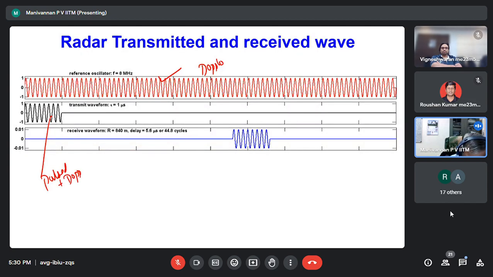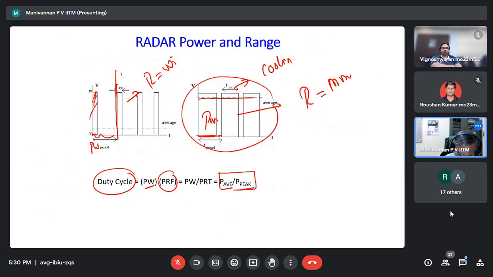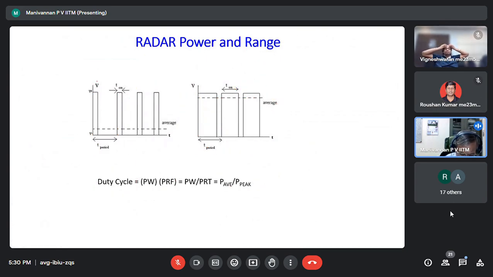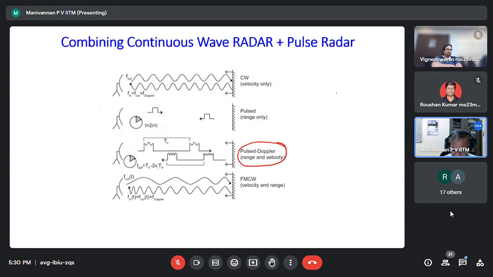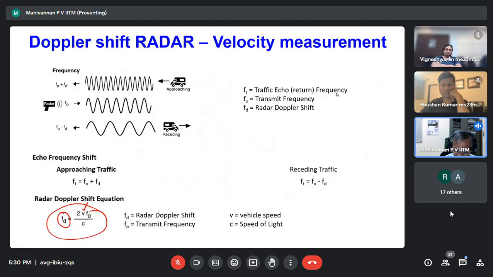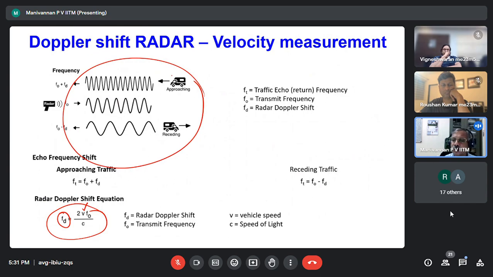Actual pulse radar was initially developed sending square pulses only, like this. This is pulse radar. Correct? It sends square on-off pulses, but duration is varying. This is meant for range, distance measurement. Correct? And we already saw this is for velocity measurement.